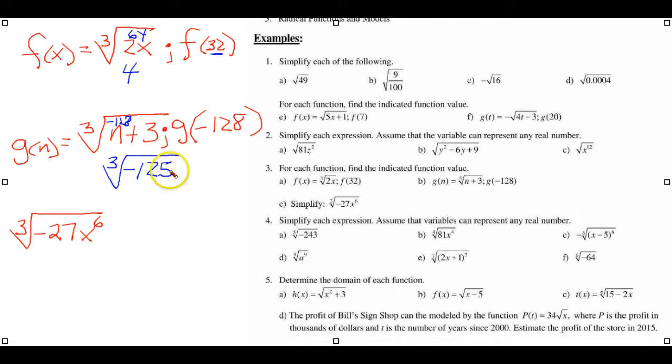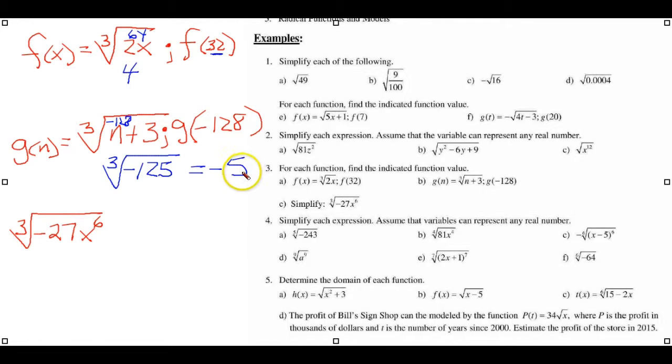Well, 125 is a perfect cube. That's 5. And if you have an odd index number here, a negative sign under the radical is perfectly fine. So this becomes then a negative 5.